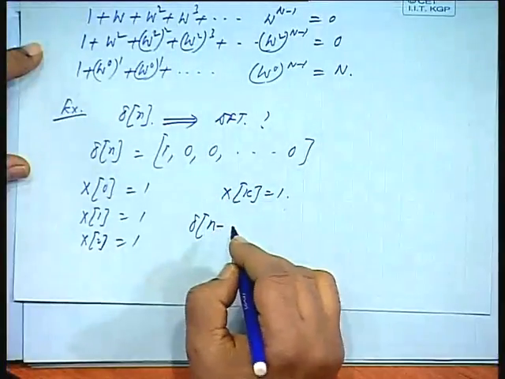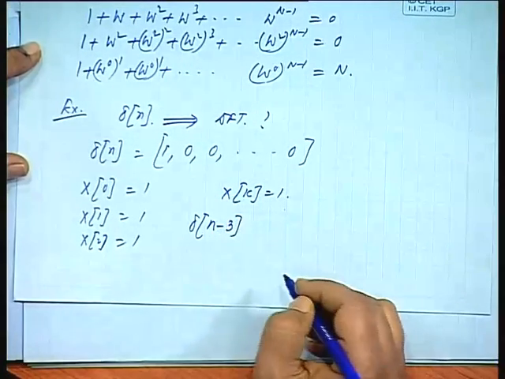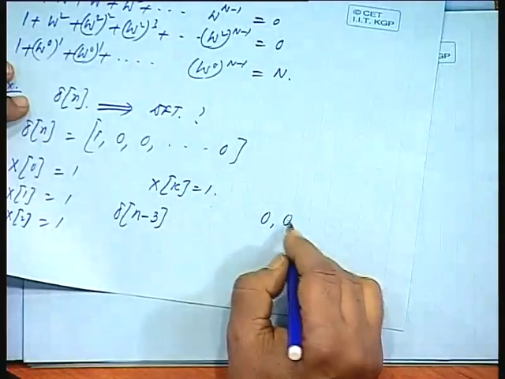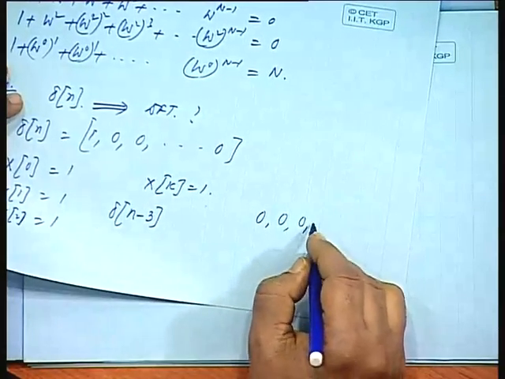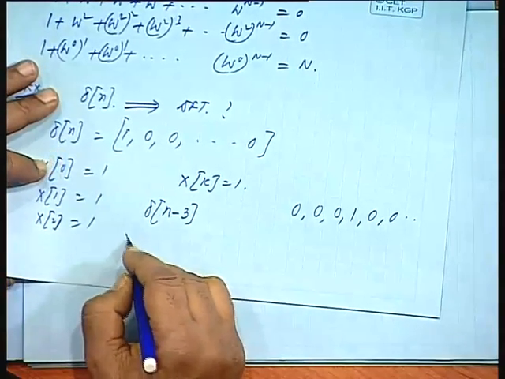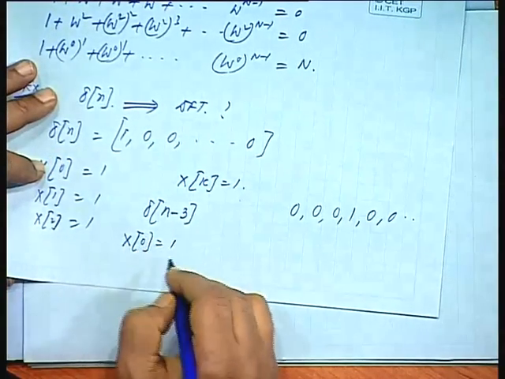This is what we have observed also in DTFT. You remember? What will be delta n minus 3? Delta n minus 3 is a sequence like 0 0 0 1, then again all zeros. Okay. So, what will be capital X0? 1.